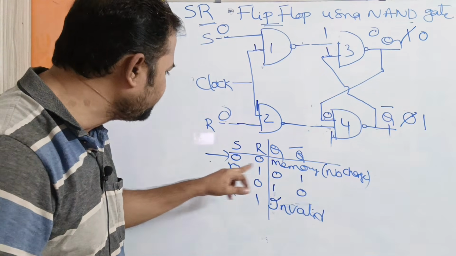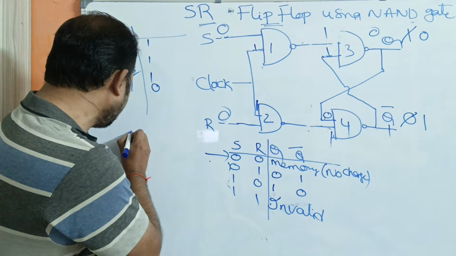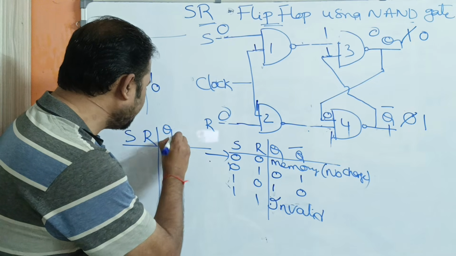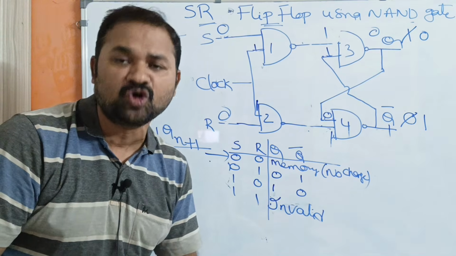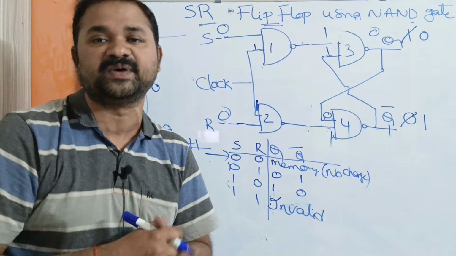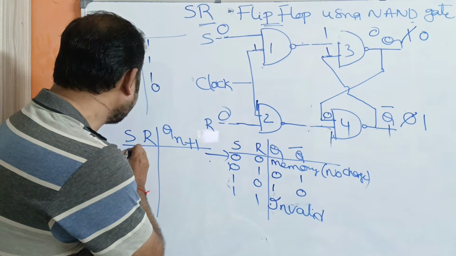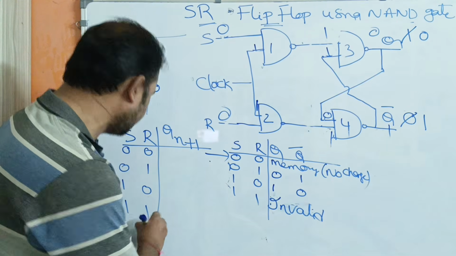So we can write this truth table in another way. S R, Qn plus 1. Qn plus 1 means the output after applying the clock pulse. What are the possible combinations? 0 0, 0 1, 1 0, 1 1.